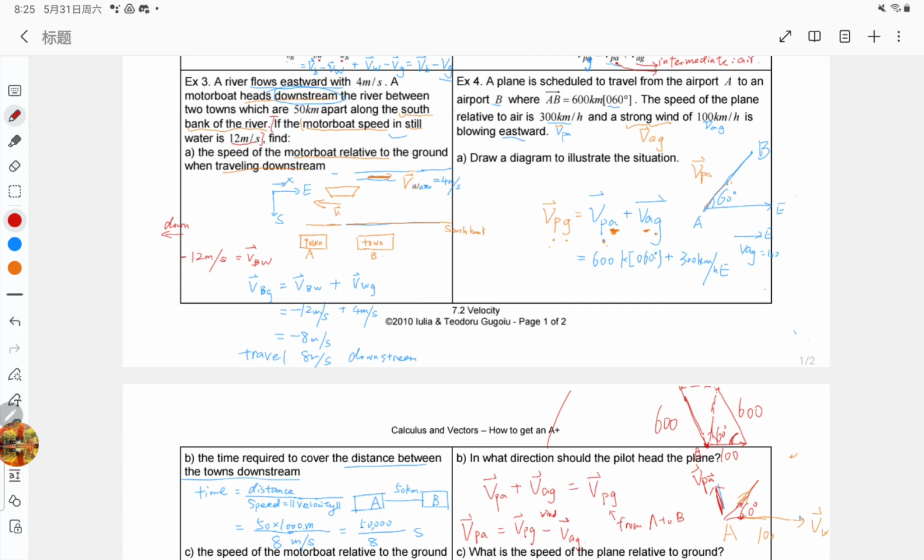If you have a triangle, and you know two sides here and one side here, and then the angle, can we know the other angle? And that answers our question, which direction it could head.